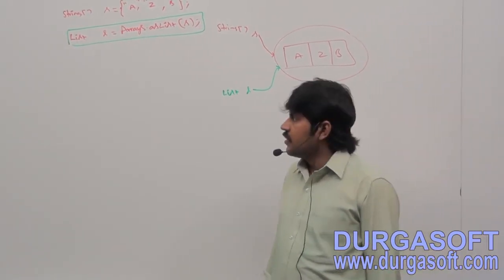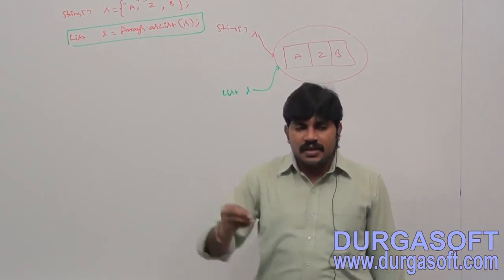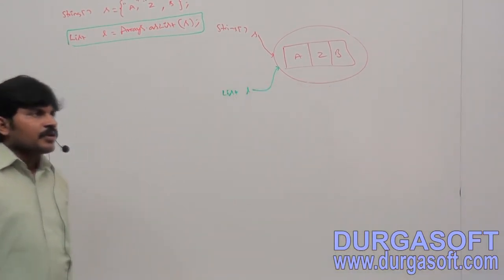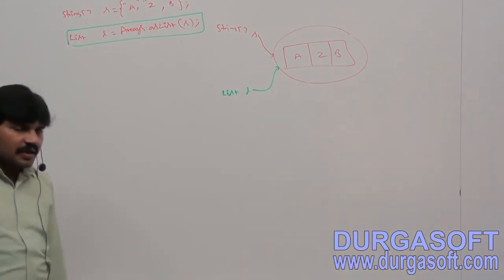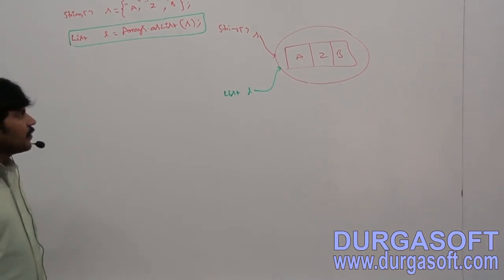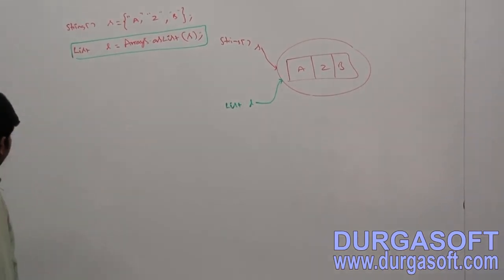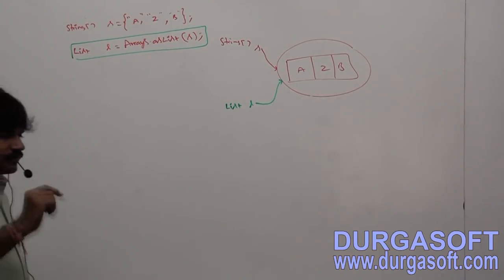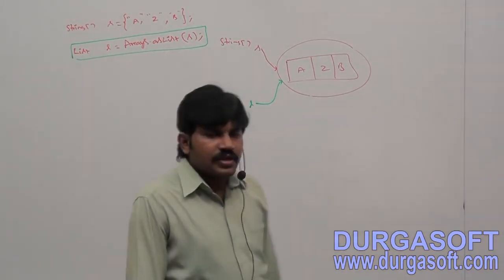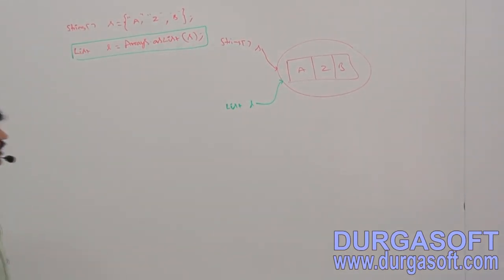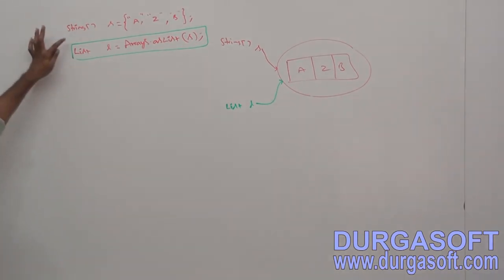For the existing array, we are getting a list view. That's all.